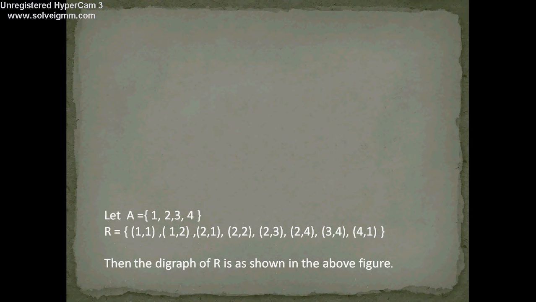So let us see one example. If we have a set A = {1, 2, 3, 4} and the relation is given as follows, then the digraph will have vertices 1, 2, 3, 4 and these are the various edges.